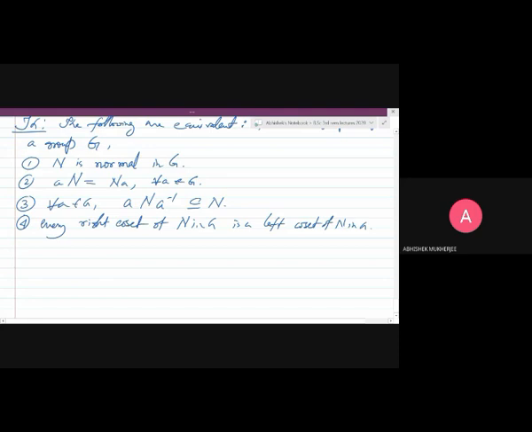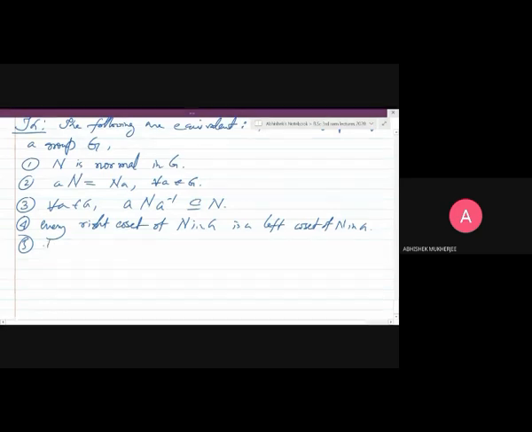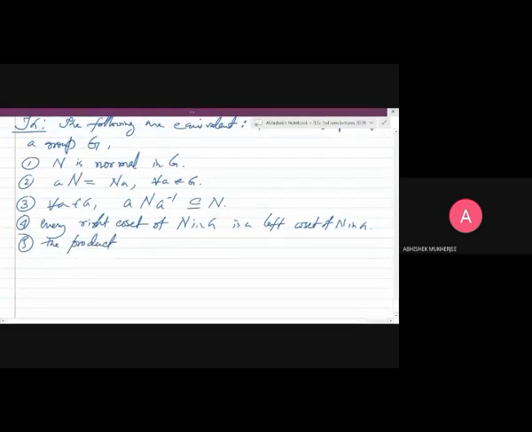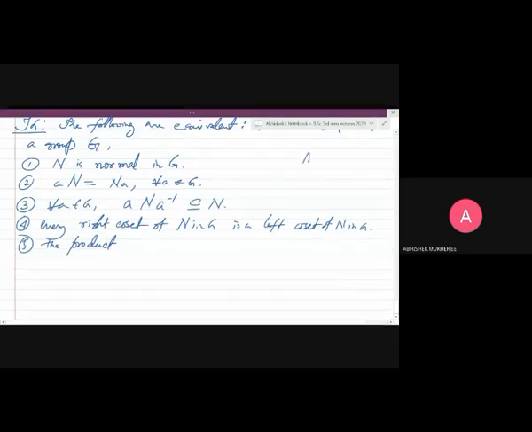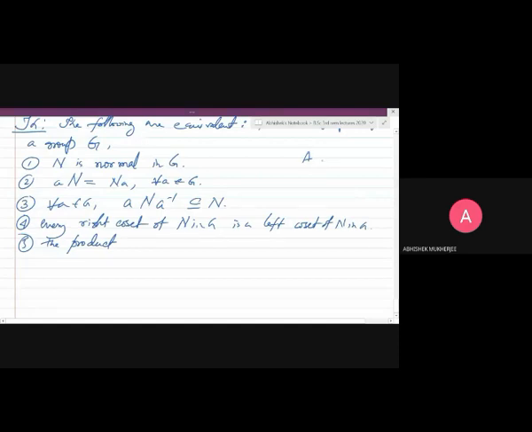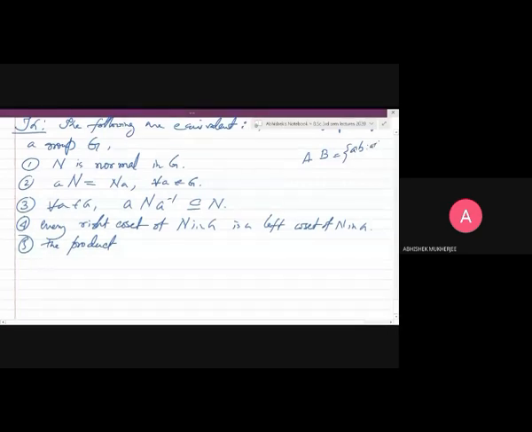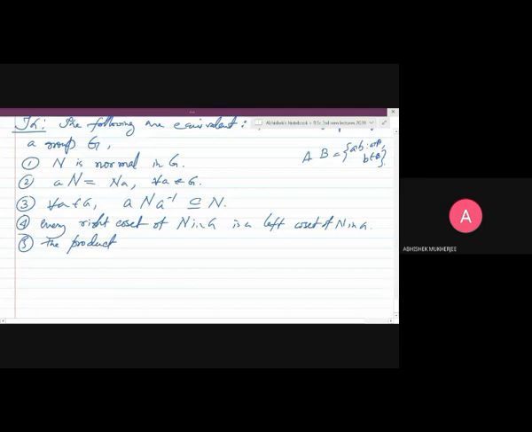Okay. Number five, the product. Product means we have already seen that if A is a set in a group, B is a set in a group, then you can define the product AB as ab where a belongs to A and b belongs to B, right? Okay.